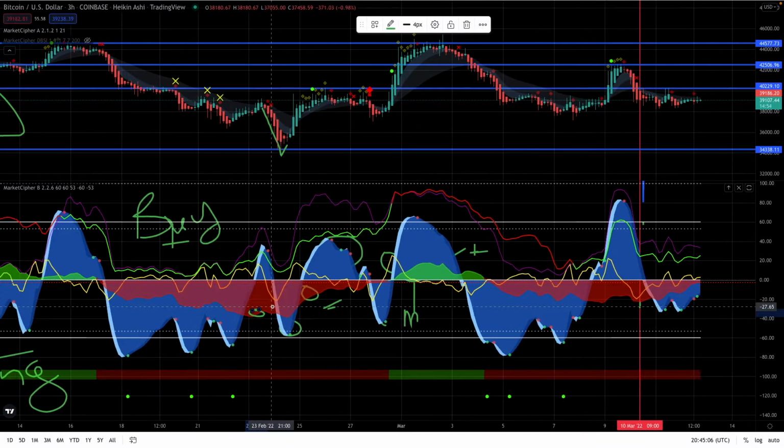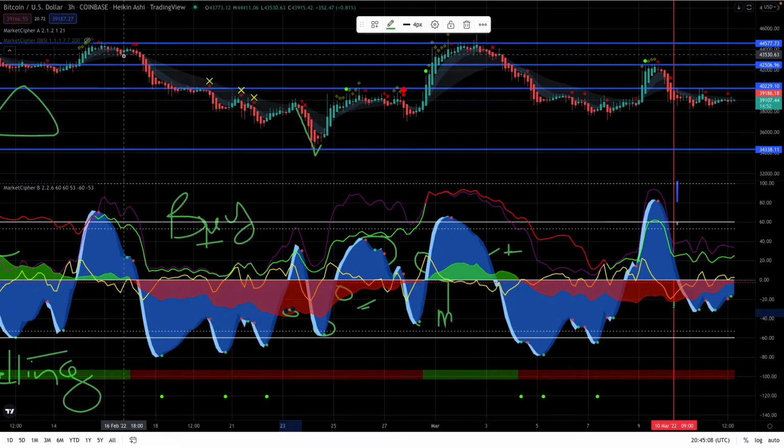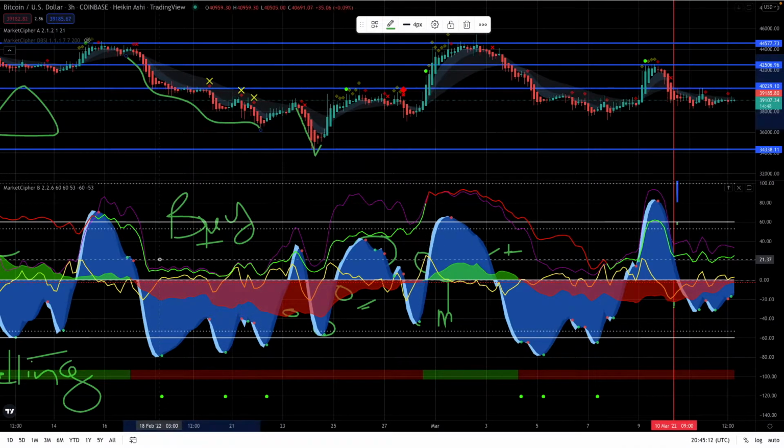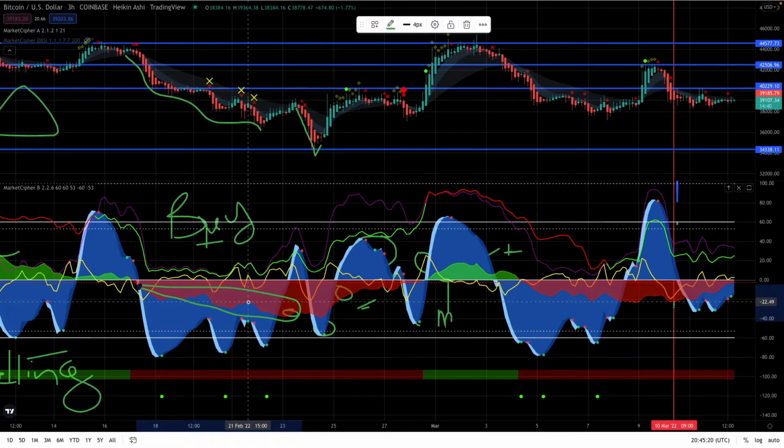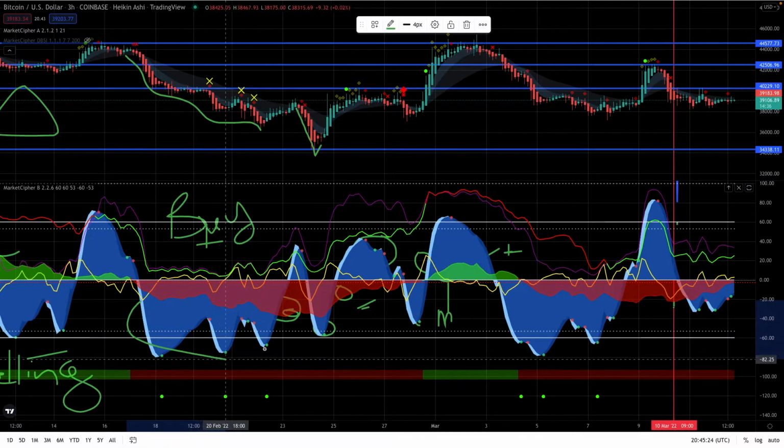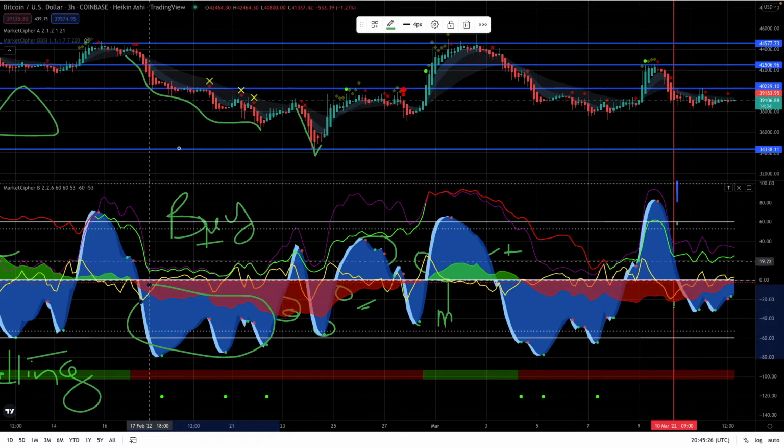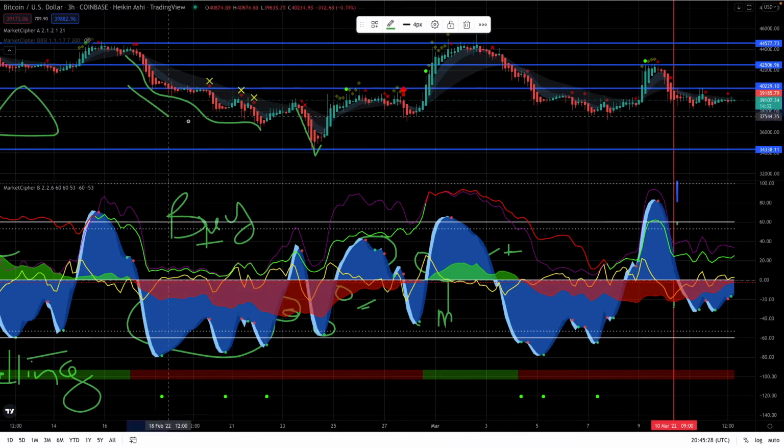You can just do a backtest and you can realize that price fell a lot when we were in the negative territories. It means we had less money back in the asset, so price evidently fell. You can also realize that our momentum wave was also in the negative, so price also fell.